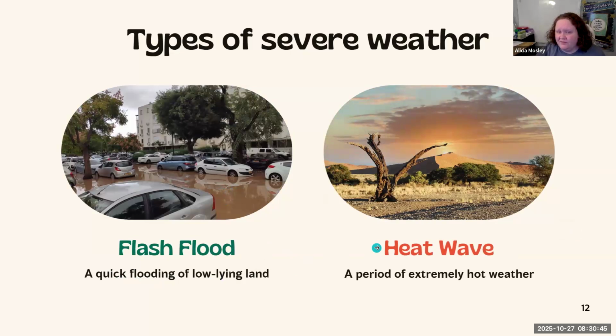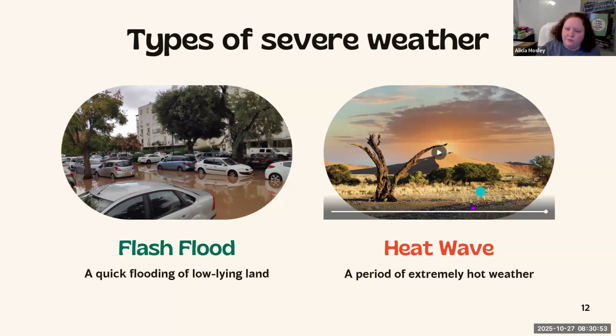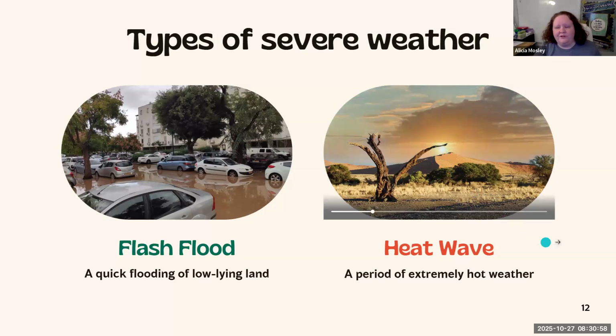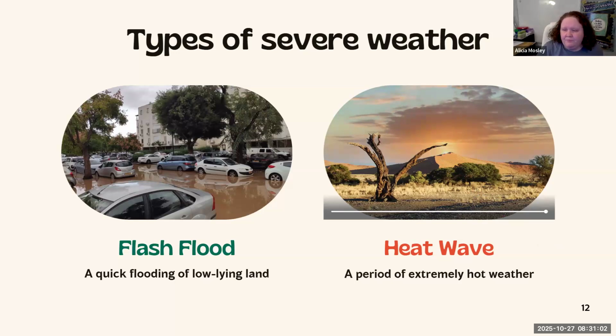We have heat waves as another type of severe weather. It's a period of extremely hot weather. We do have some heat waves where we see a lot of hot weather at a specific time, but maybe not as much as, say, the desert would.